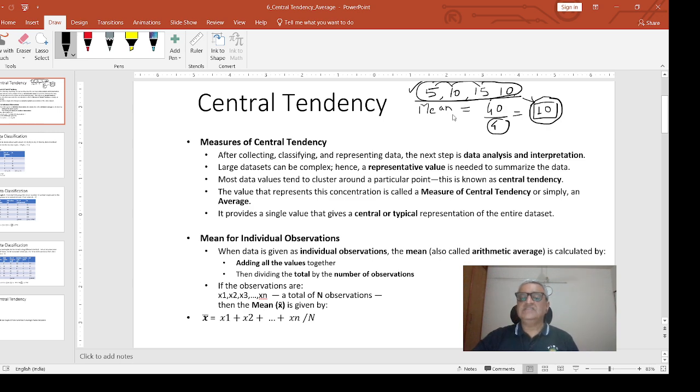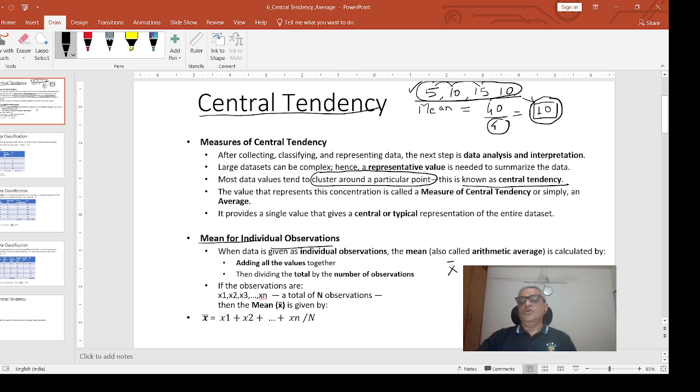So that is exactly what average means, and that's exactly what the meaning of central tendency is. Clustering around a particular point is termed as central tendency, right? For individual observations, this is the formula for arithmetic mean.